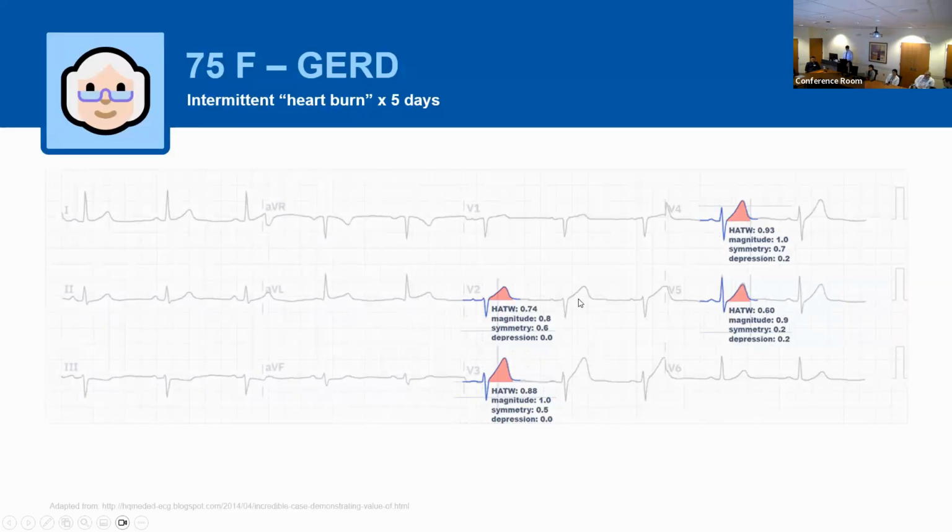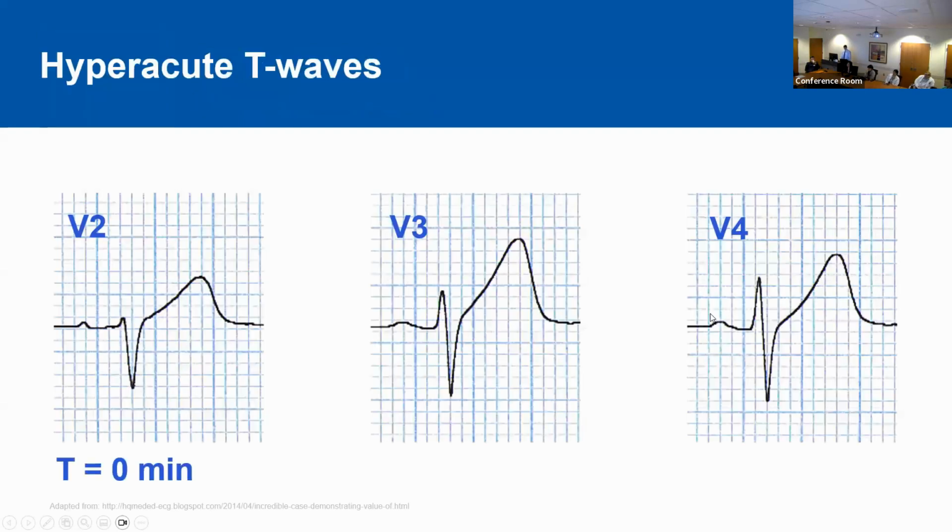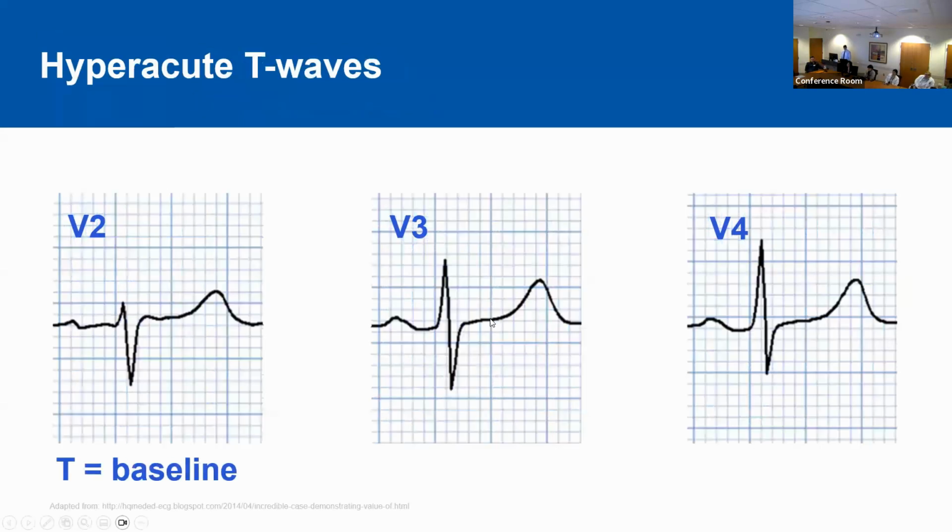So if we look at our patient here, our 75-year-old who was coming in with chest pain, and apply that machine learning model to her EKG, we see that sure enough, she gets hyperacute T wave scores of greater than 0.7 in several contiguous leads. What's nice about this case is that she actually had a baseline EKG from a few weeks before presentation.